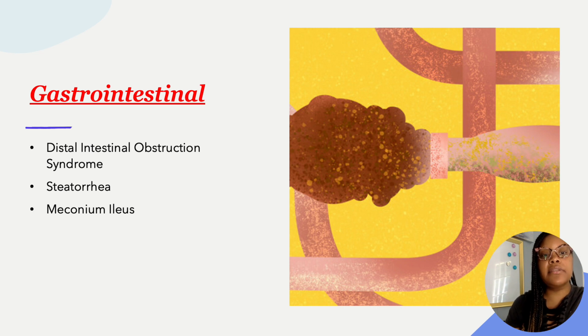So let's talk about distal intestinal obstruction syndrome. So what that is is what it says. In the distal part of our intestine, there is an obstruction due to the buildup of mucus, which prevents the body from breaking down and absorbing the nutrients that it needs.